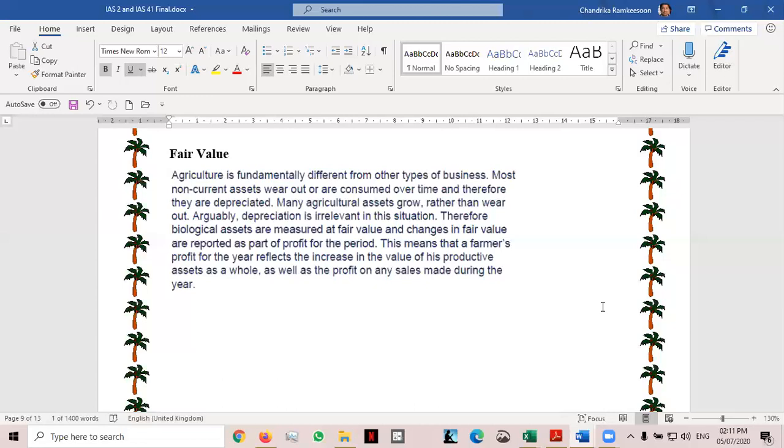Now, this is a very important treatment and indeed relevant, because any increases in fair value must be taken to P&L. And therefore, the farmers, despite the fact that the calf or the sheep or the cow or the produce, whatever it is we are looking at, the value increases.